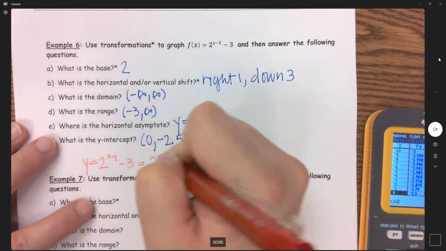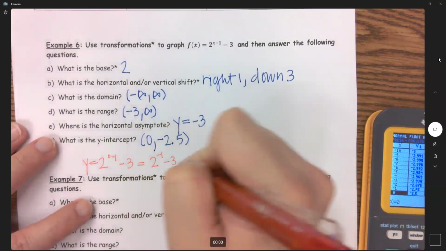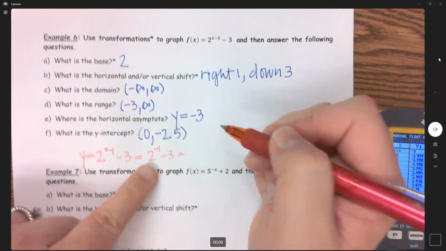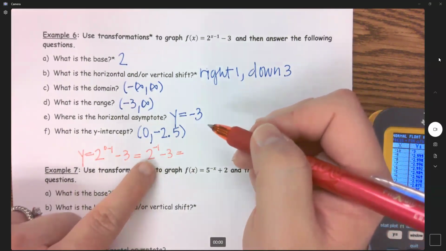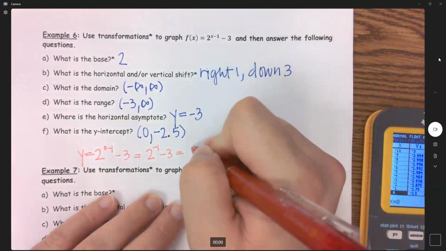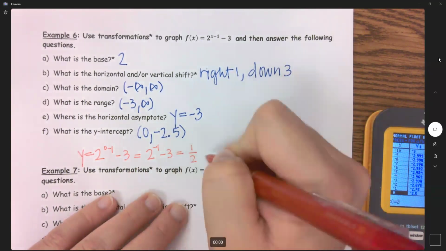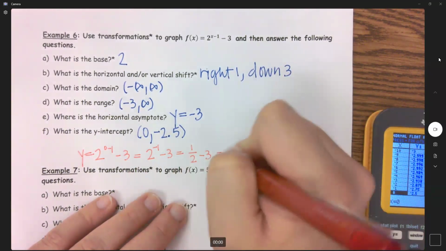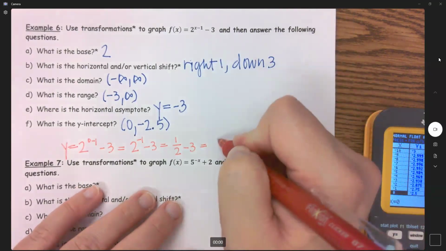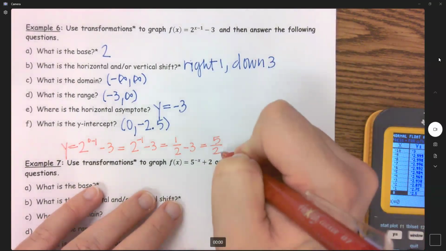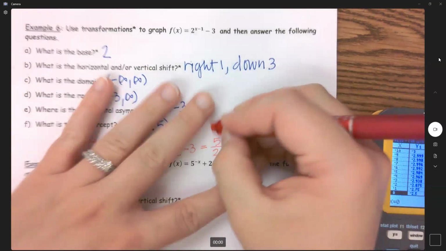So this is 2 to the negative 1 minus 3. To change this exponent to a positive, I need this 2 to go down to the denominator. So this is the same as 1/2 minus 3. And 1/2 minus 3 is negative 5 over 2.